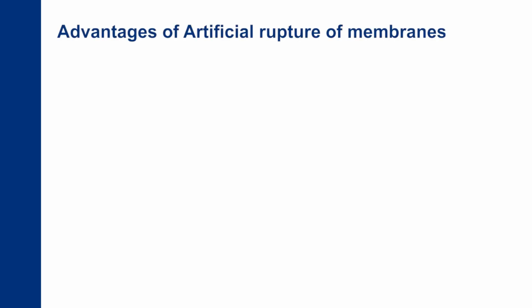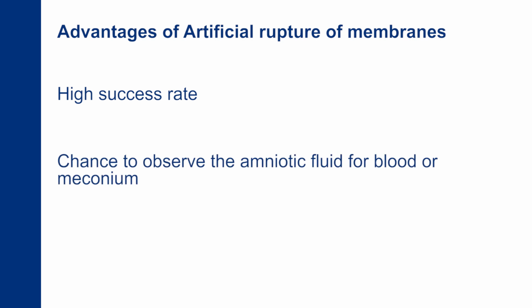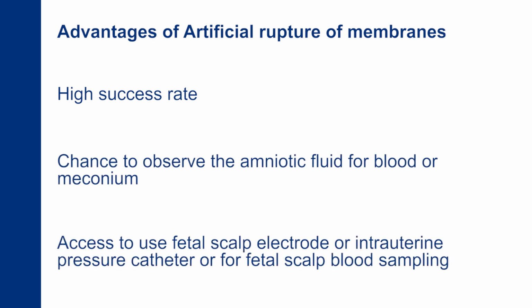The advantages of ARM include high success rate, chances to observe the amniotic fluid for blood or meconium, and access to use a fetal scalp electrode, intrauterine pressure catheter or fetal scalp blood sampling.